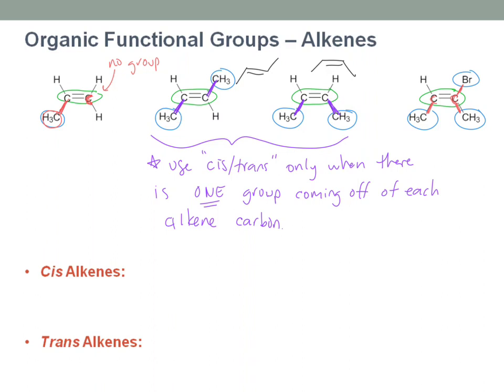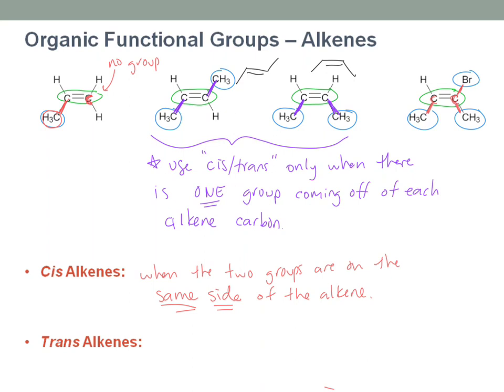And if you go down here to the definitions of cis and trans, a cis alkene is when the two groups that I was talking about are on the same side of the alkene.